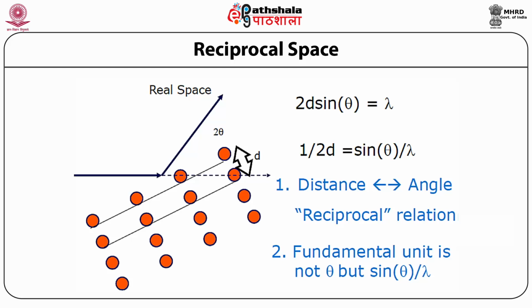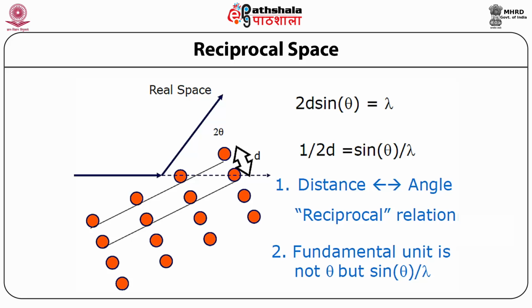So you can see that this equation tells us information about the reciprocal space. When we say 1 upon 2d, this is inverse of length, because d has the dimension of length. So this is inverse of length on the left hand side of the equation, and on the right hand side you have sine theta. In X-ray measurement, we measure intensity as a function of theta or of 2 theta.